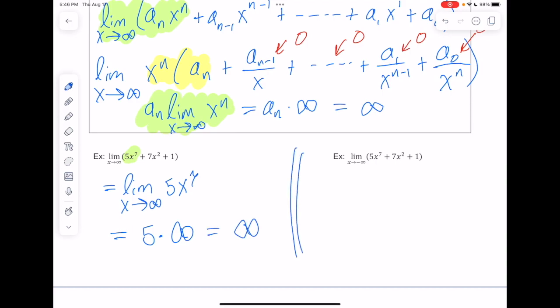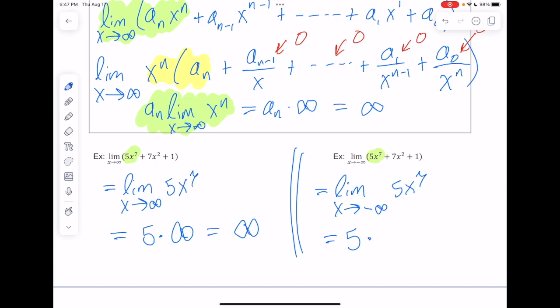And come over here to the right, what's the limit as x goes to negative infinity of 5x to the 7th plus 7x squared plus 1? Well, it's going to be the same as if I just look at the lead term. So I can just ask the question, what is the limit as x goes to negative infinity of 5x to the 7th? The 5 is a constant, I can factor that out.